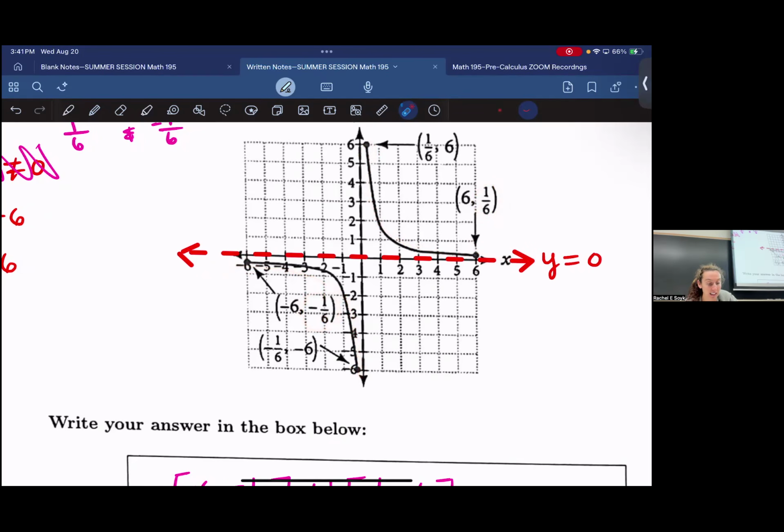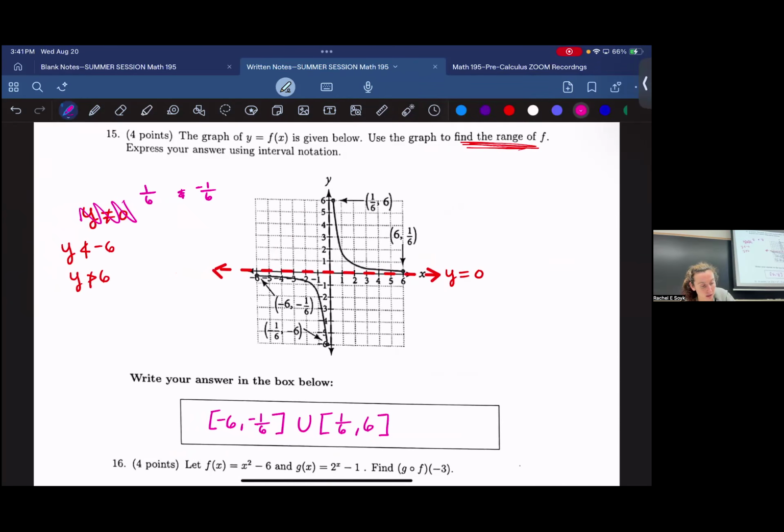So anything between -1/6 and +1/6, that's a restriction. So I can write this up here. Y is not equal to any value between -1/6 and 1/6. Yeah.